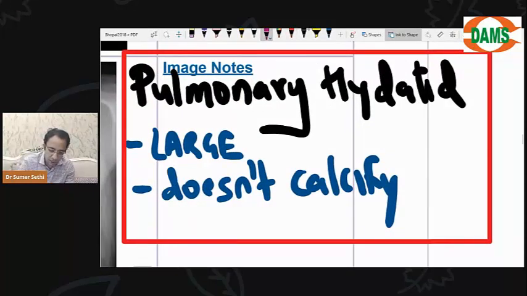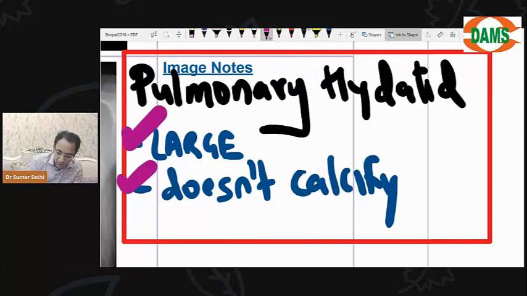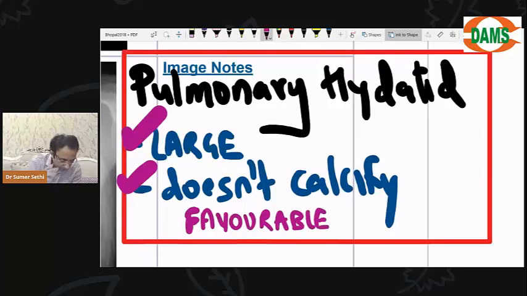Can you guess the reason why? The reason is that in the lungs there is no obstacle to the growth of hydatid, because the lung parenchyma is all air-filled thin structures. The environment is very favorable for hydatid to grow. Let's try to understand better.